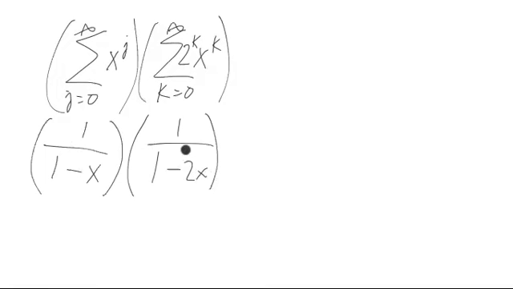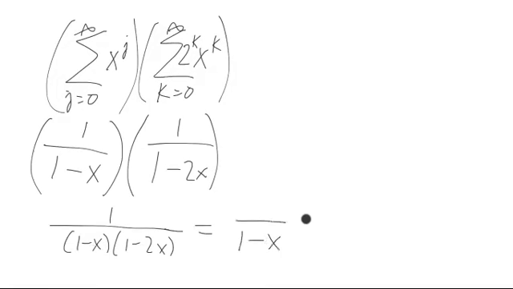So what we can do is think, okay, this is like 1 over 1 minus x times 1 minus 2x. Let's use a partial fraction decomposition. So we have 1 minus x and 1 minus 2x, and we can get something here and add them. What goes here?